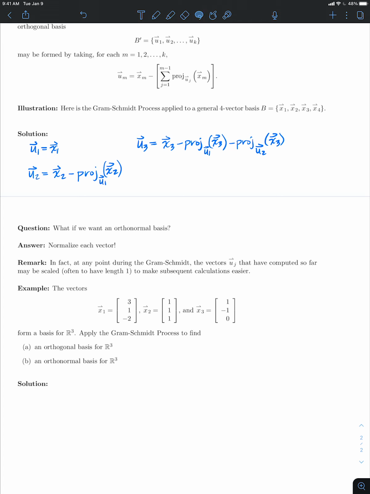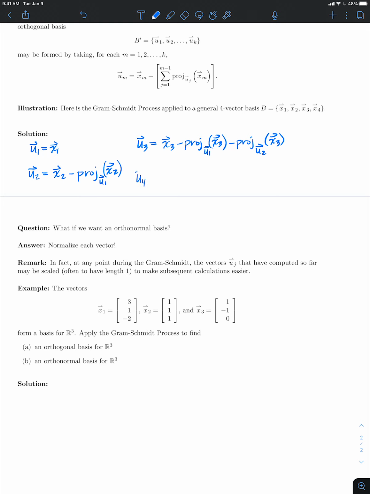And then that way, now you've thrown away the piece of x3 that's parallel to u1. So that's why the result is going to be orthogonal to u1. And then here you throw away the portion of x3 that's parallel to u2. That ensures that the result is going to be orthogonal to u2 as well. And you just keep going on in this fashion.